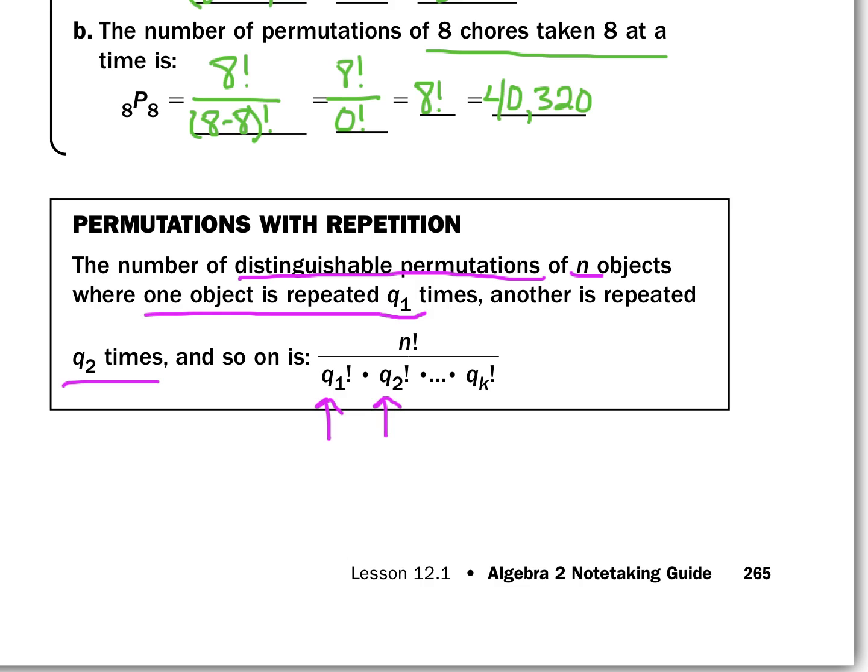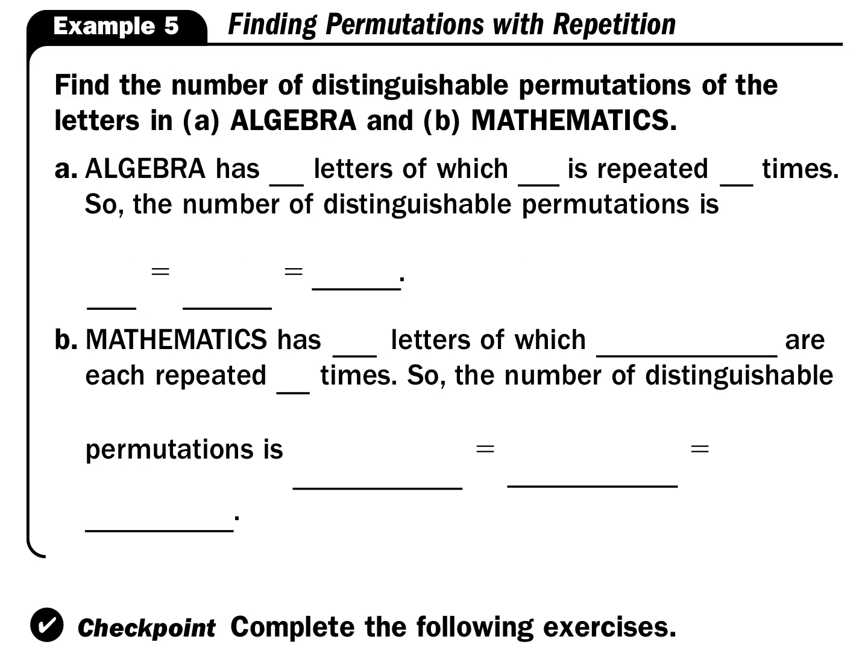All right, the last example, example 5, will show us how this works. Example 5, finding permutations with repetition. We're going to find the number of distinguishable permutations in the letters of algebra and mathematics.